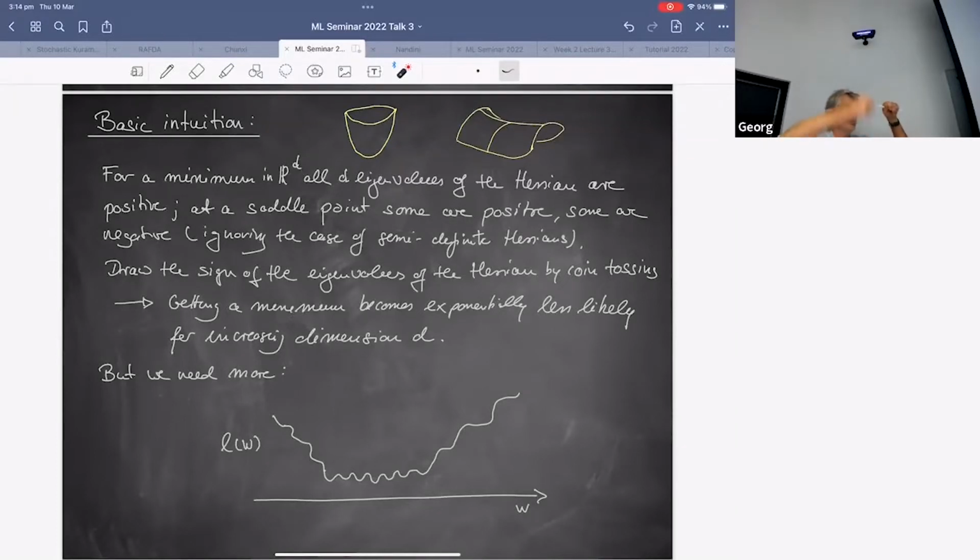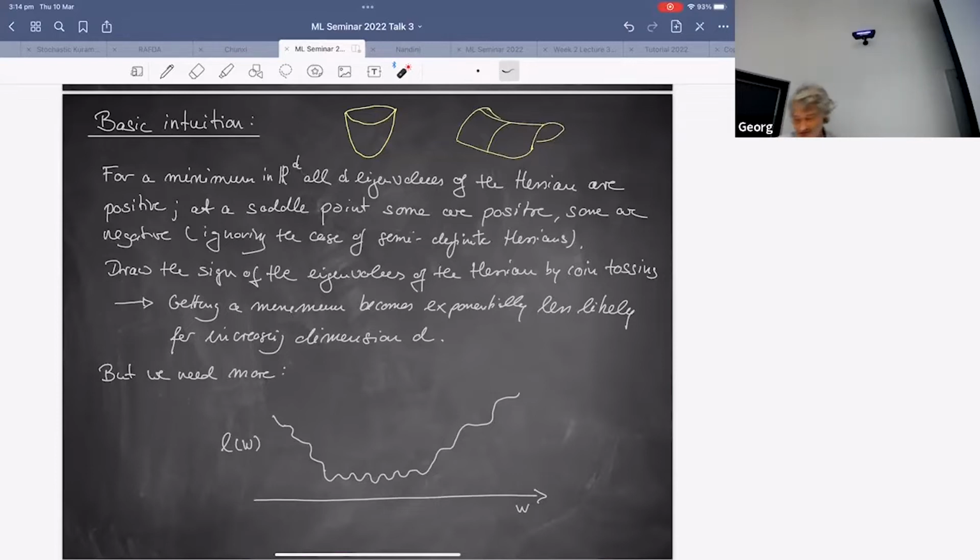You have a fair coin, and with probability 1/2 it's negative, with probability 1/2 it's positive. So in order to get a minimum, you have a probability of 1 over 2 to the n, if n is your dimension. From that probabilistic view, you think, okay, minima are rare, so that's good.